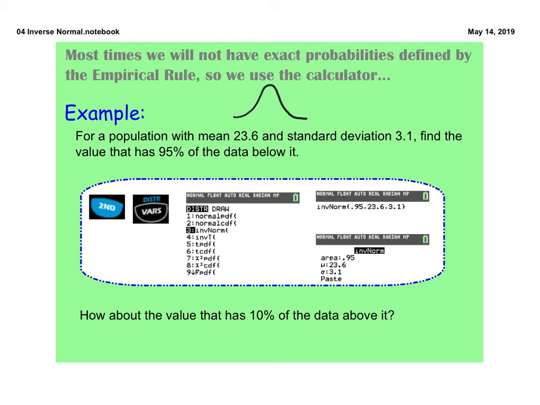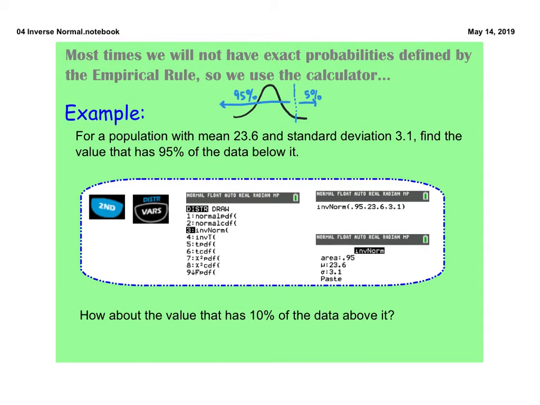But you've got to be careful, because that's not what it's asking. It's saying 95% of the data below it. So if we go back, let me get rid of all this stuff. There's this magic value right here for which this is 5%, and all of that is 95%.